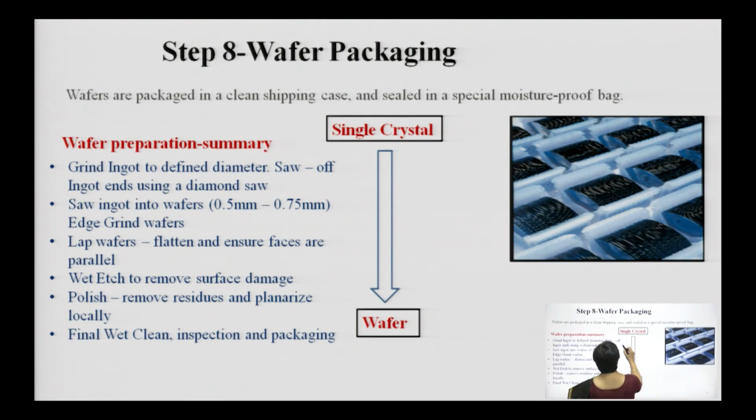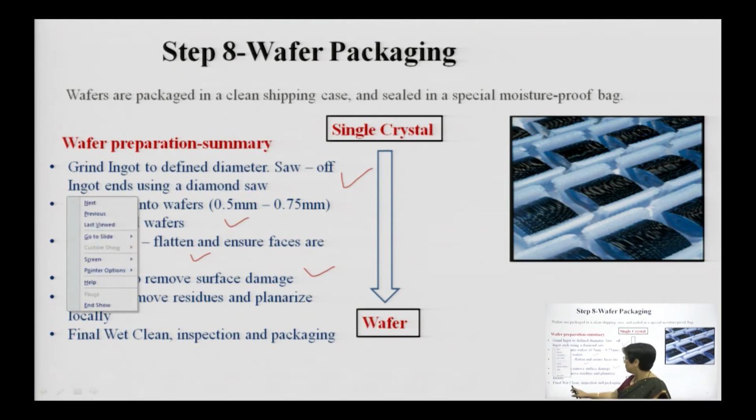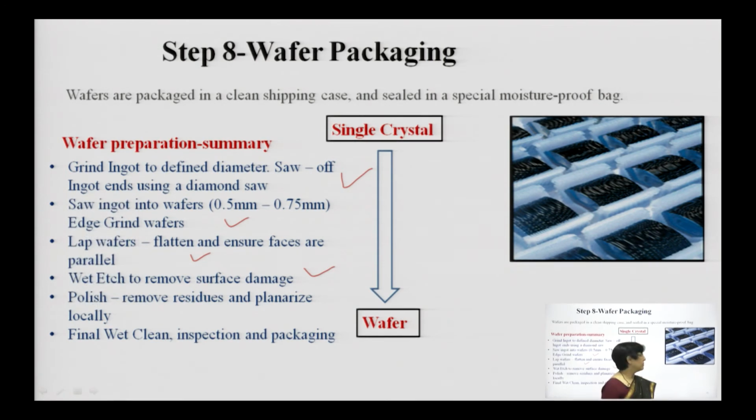Initially we got the single crystal ingot, then first we did the grinding, then we made its slices, then we lapped the wafer to flatten it so that the faces are parallel, then we carried out wet etching, after wet etching we carried out polishing, and then we went for the final wet clean.